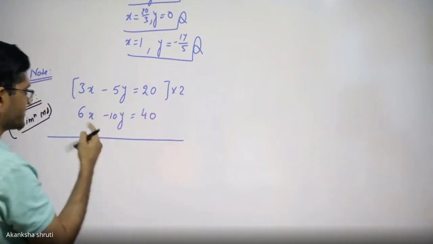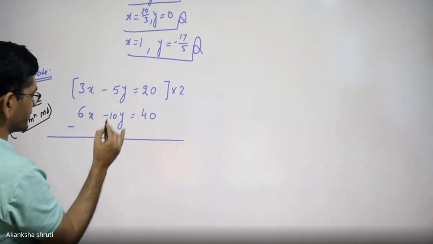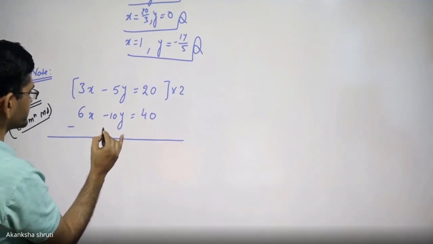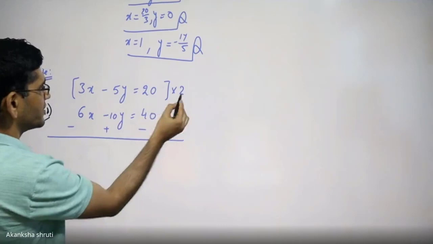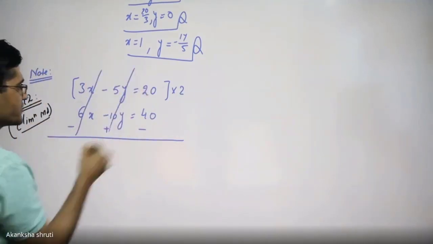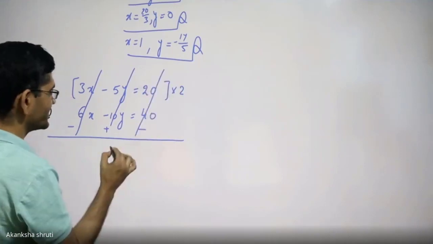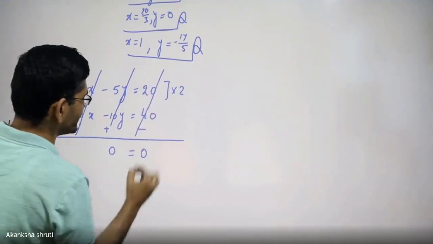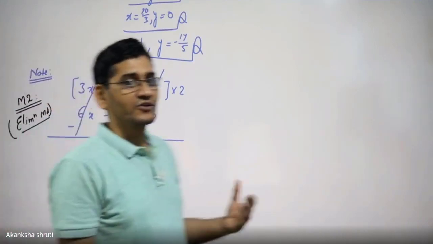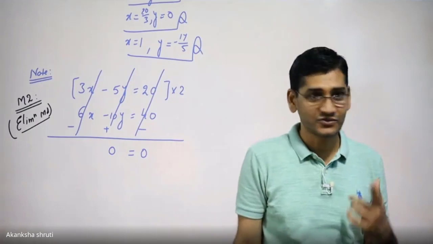They also have the same sign. So take the difference or change the sign. Multiplying and taking the difference, this is getting cancelled, this is also cancelled, and this is also cancelled. What are we getting? 0 equals 0. No x, no y can be determined by this method. So be careful.